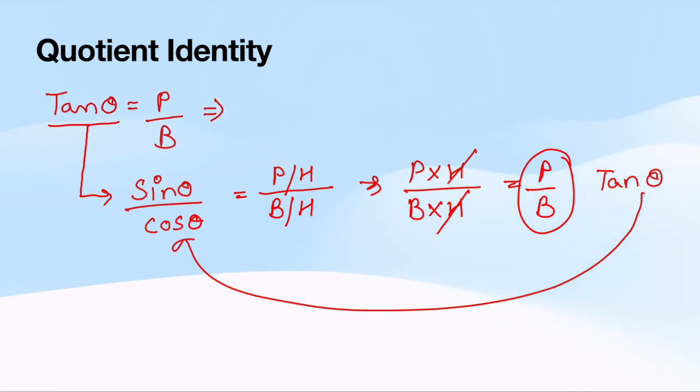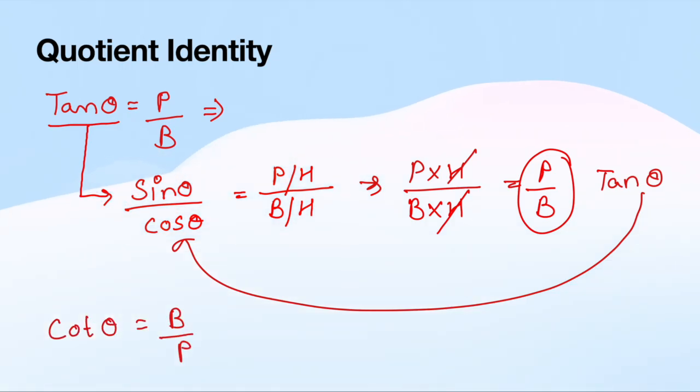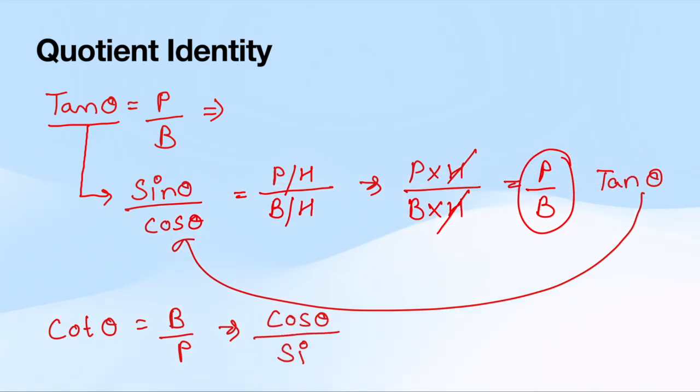The same thing we can write for cot theta as well. What is cot theta? Cot theta is just the opposite of tan theta. So cot theta is B by P, and we can write it as what? If tan theta is sin theta by cos theta, what will cot theta be? It will be cos theta by sin theta.